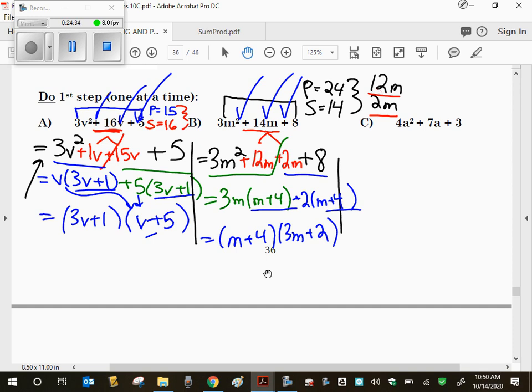Now we're doing sum product. You must know where the product comes from. It comes from the numerical coefficient on x squared, times the constant at the end, including signs. Remember, terms start with addition or subtraction.